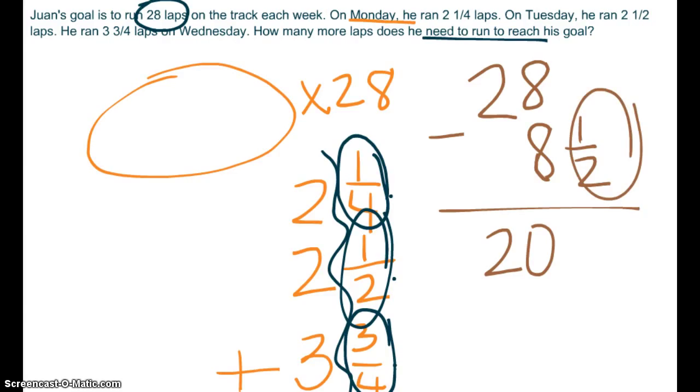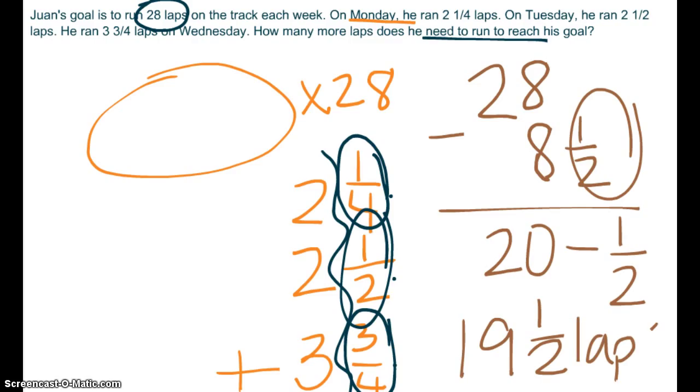Now, we still have to take away 1/2 of a lap. So 20 laps minus 1/2 a lap is going to be 19 1/2 laps remaining. Make sure that you watch this video a couple of times until you really understand it. This video will help you tremendously, hint, hint, hint, tremendously on the 6 weeks test.